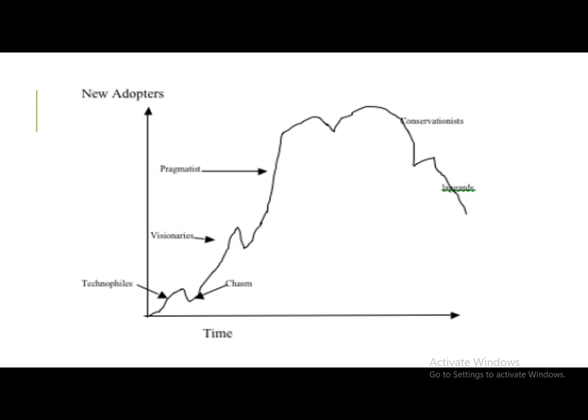It is difficult to find pragmatists who buy first and then provide references to other pragmatists. Visionaries, on the other hand, try to make quantum jumps in the way they compete. Hence, they adopt an innovation before all pieces are in place to make the product work well, that is, before the whole product exists.